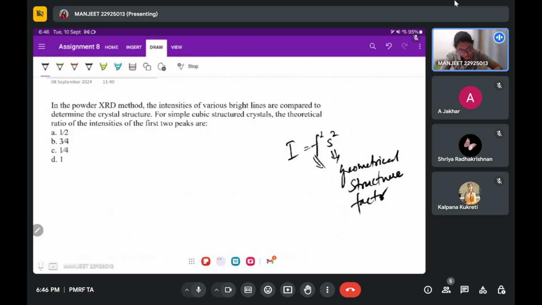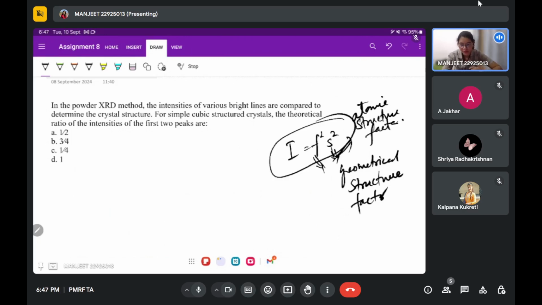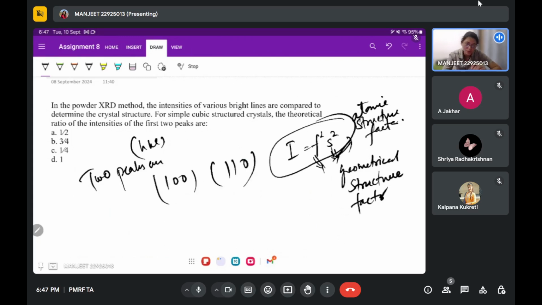This is the geometrical structure factor, F generally we write, and this is your atomic structure factor. So total intensity depends upon both factors. For the simple cubic, all hkl are allowed, so the first two peaks will be 100 and 110.